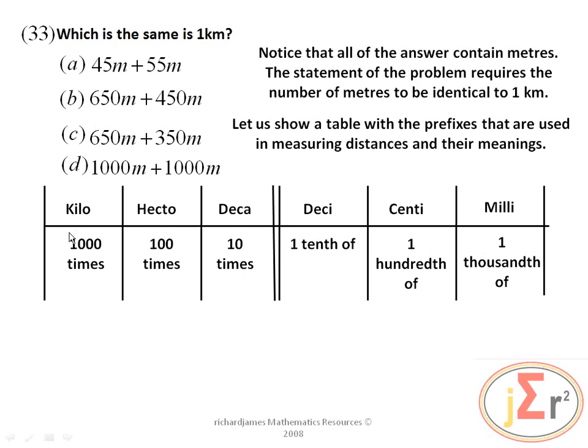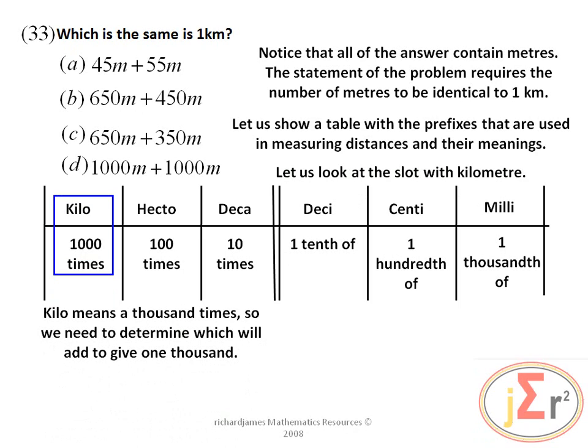But we are interested in kilo. That means 1,000 times. So we are looking for the answer that will be 1,000 meters. So let us look at the slot with kilometer. Kilometer, 1,000 meters, right? Kilo means 1,000 times, so we need to determine which will add to give 1,000.